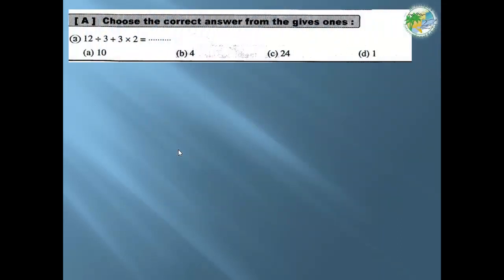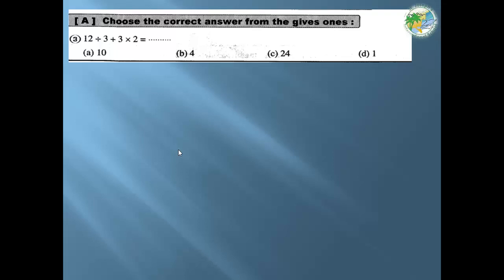Choose the correct answer from the given ones. 12 divide 3 plus 3 times 2 equal what? Okay, try to answer without using a calculator. Try to answer this question. Choose the correct answer.